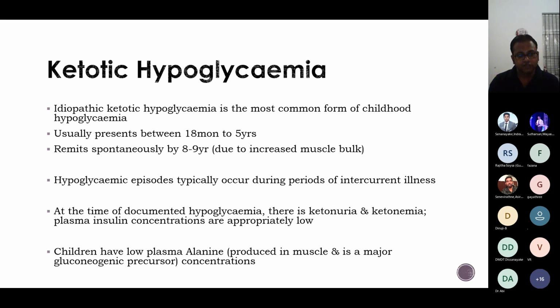And plasma insulin concentrations are also low. These children are also known to have low plasma alanine concentrations.